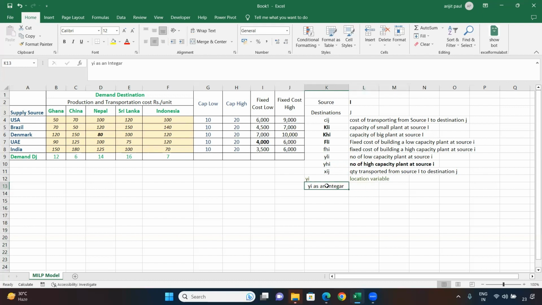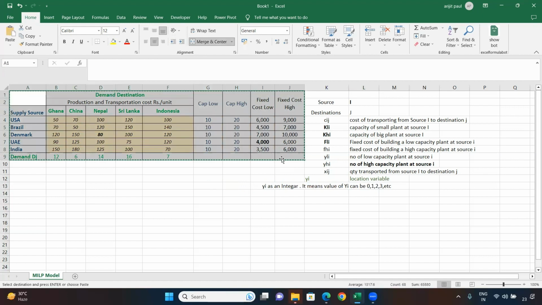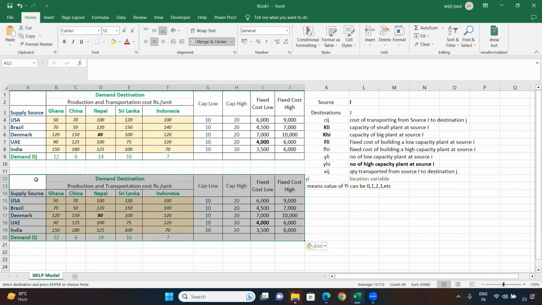What do we mean by YI as an integer? It means the value of YI can be 0, 1, 2, 3, etc. Okay, now let me copy this one and paste it here.